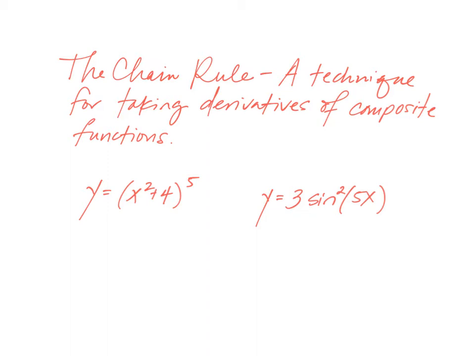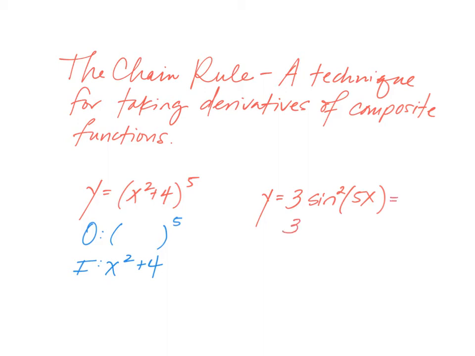Quick review, since you've already looked at identifying the levels of composite functions. This first function that I have here is a two-level function. The outside level would be the quantity to the fifth power, and the inside would be x squared plus 4. For my second function, this would actually be a three-level function that I would recommend a rewrite for.